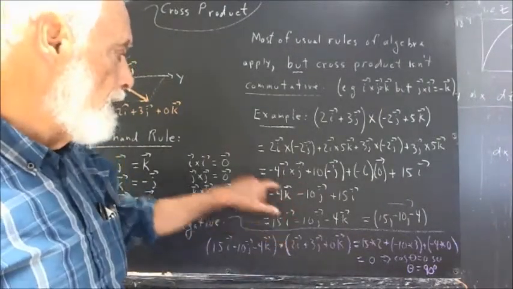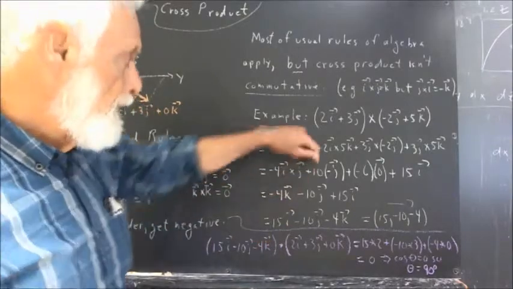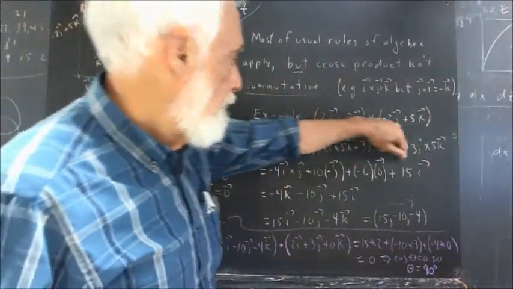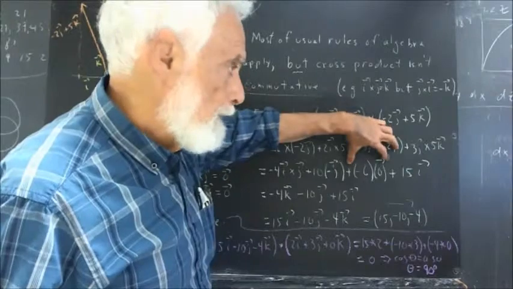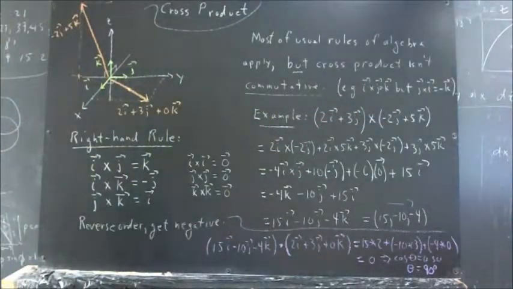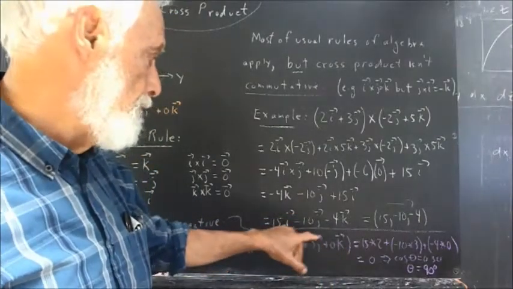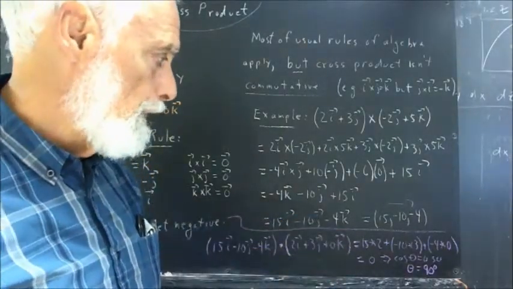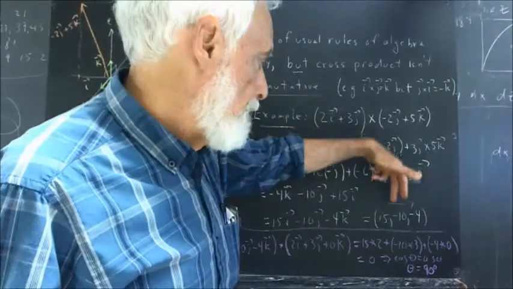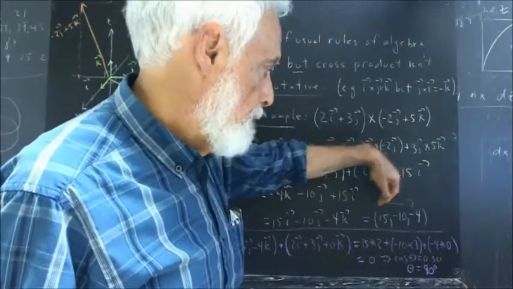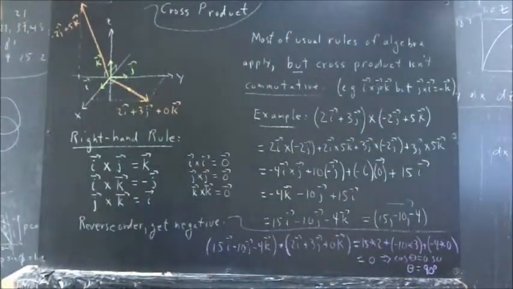I cross J being K, we have negative 4K, negative 10J, and 15I, and we don't have to write a multiple of the 0 vector. Putting those in the order I component, J component, K component, we get 15I minus 10J minus 4K, which is the vector. Also, we could write it as an ordered triple 15, negative 10, negative 4.